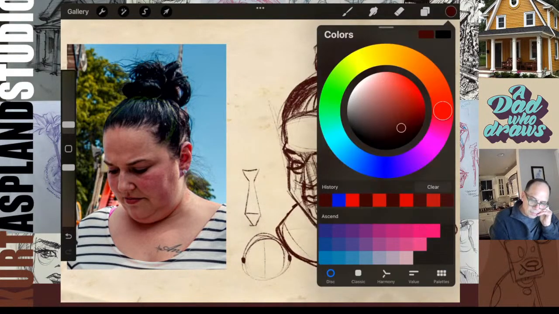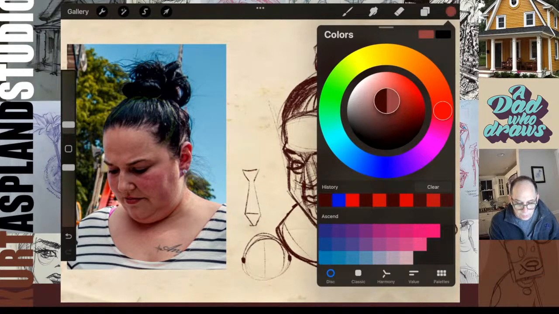And when it comes to shading, especially if you're going to use a digital surface, when I'm doing the skin, I like to go in this lower diagonal direction to get from a lighter tone to a darker tone.